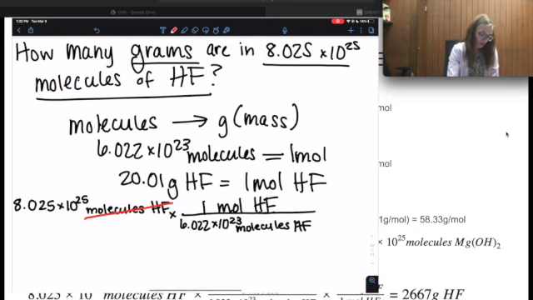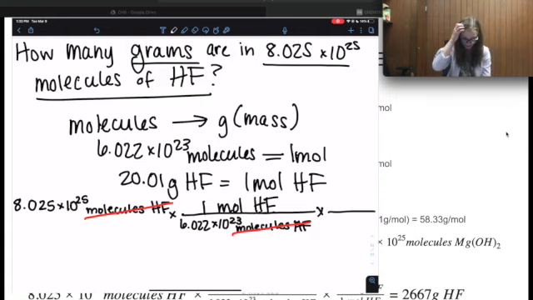Okay, so if I'm looking at this and I want to check out where I am, where I still have to go, I've got molecules on top, molecules on bottom. Those are going to cancel out. And currently I am in mole for my unit, but mole is not what I'm looking for. I'm looking for gram. So I need to use that formula mass so I can go between the number of moles that I have to the number of grams. So in this case, I want to make sure that I'm canceling out my moles, so I have moles on top.